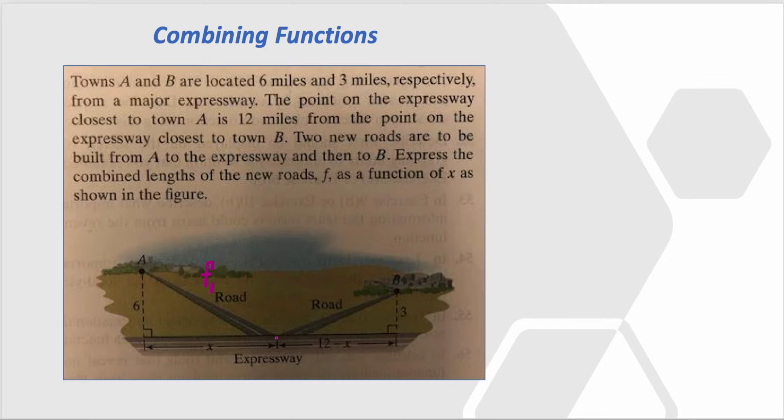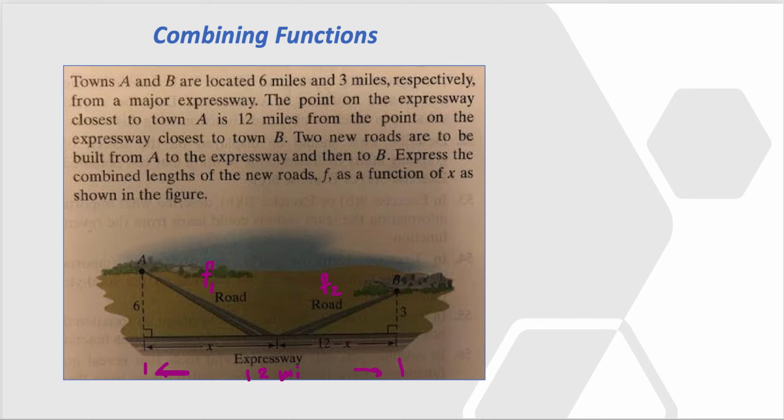And now let's express with the function f2 the other distance, from the expressway to the next town, to town B. And because this distance here is 12 miles, it is 12 miles from town A to town B. So that's what they mean, 12.